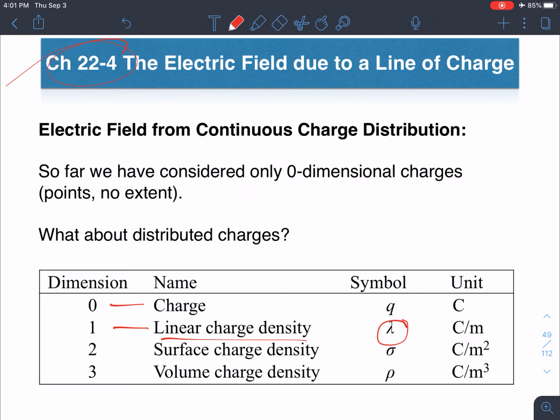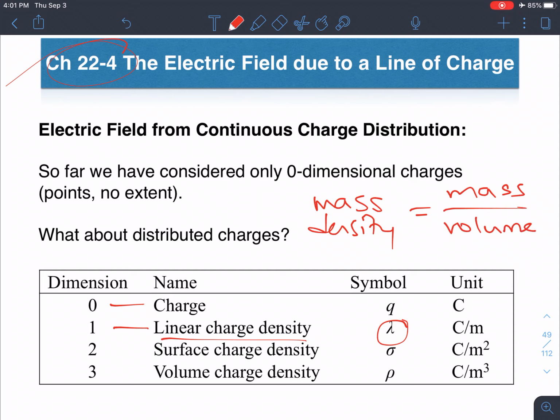Since it's one-dimensional, first of all, let's think about the mass. Sorry, I should say mass density. That is equal to mass over volume, right? Because it's in 3D. So just like that, charge density is going to be charge over the space it takes.